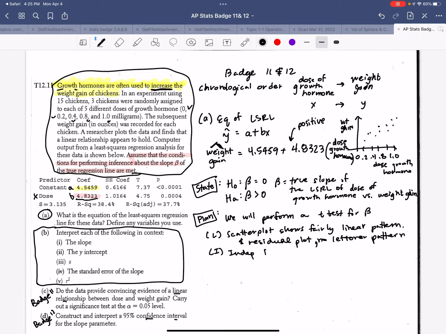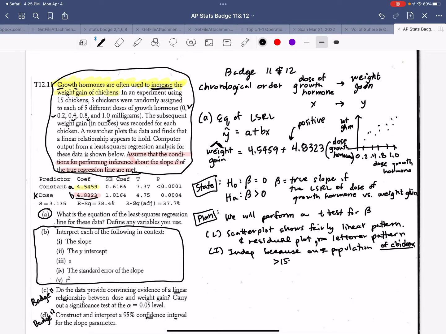We have independence because our population of chickens is greater than, we said 150. And our dot plot, they didn't give us, but we're supposed to assume that some other scientist must have looked at the dot plot of the residuals. And that dot plot must have shown no strong outliers, no strong skew or outliers.